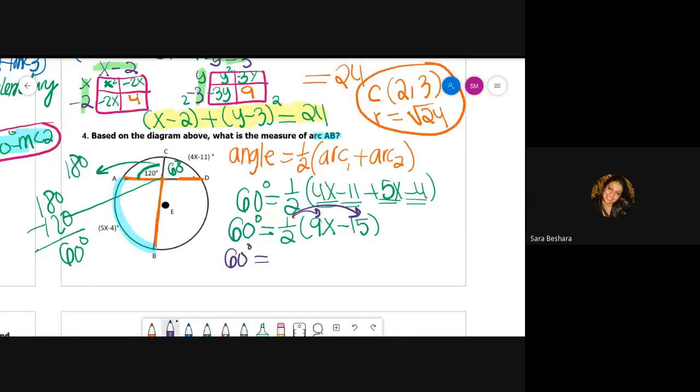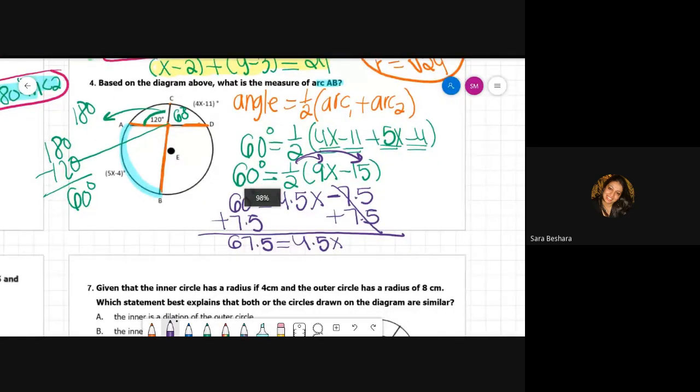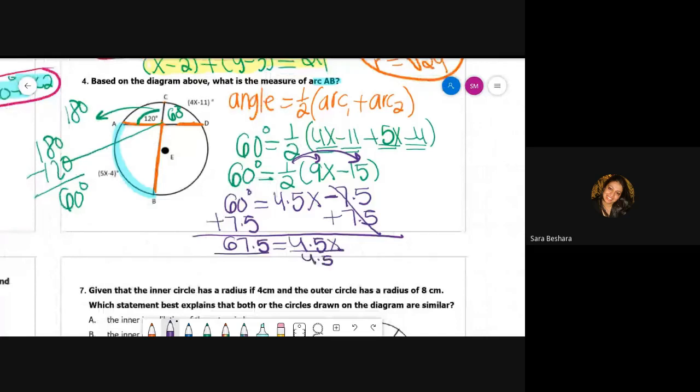So we get 60 degrees equals 1/2 times 9 is 4.5x. 1/2 times negative 15 is negative 7.5. And now we solve. We add the 7.5 to both sides. This goes away. So we get 67.5 equals 4.5x. We divide by 4.5.